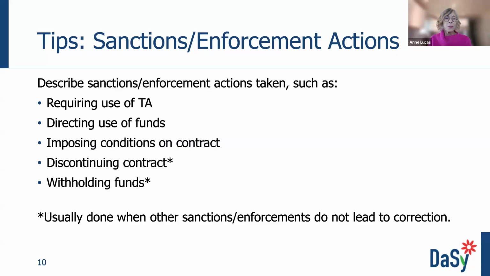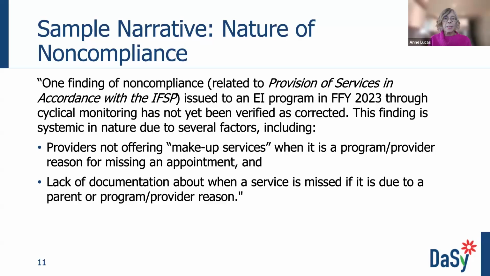And let's go to the next slide, and I think we'll share an example. So I'm going to go off of the fact that there's still one finding that was not subsequently corrected. And that particular finding was issued to the program in federal fiscal year 2023 as a result of cyclical monitoring.